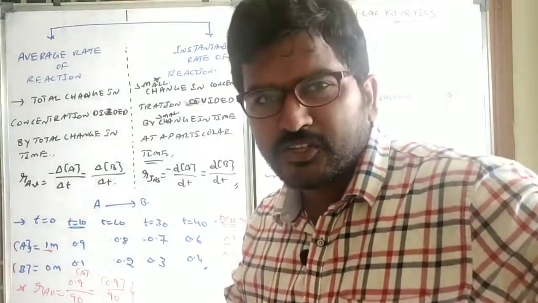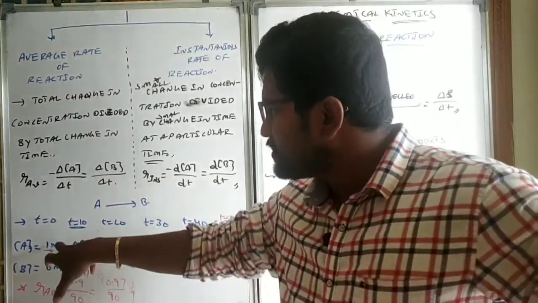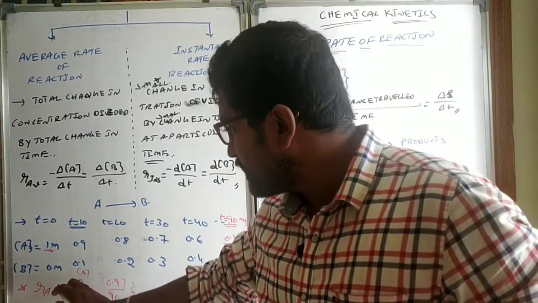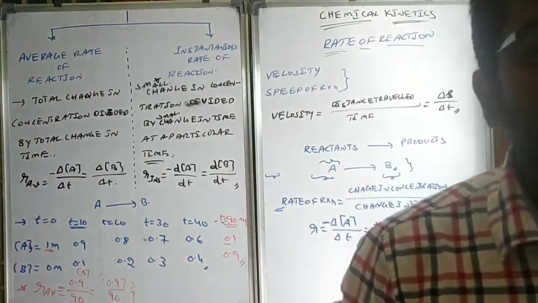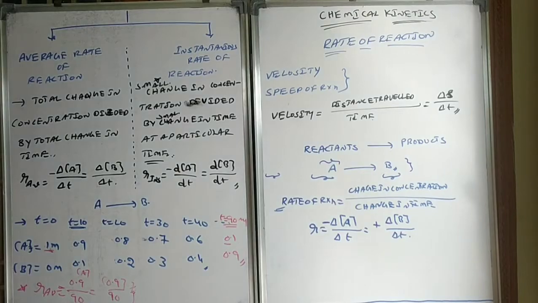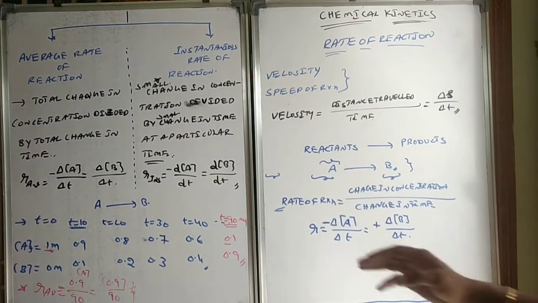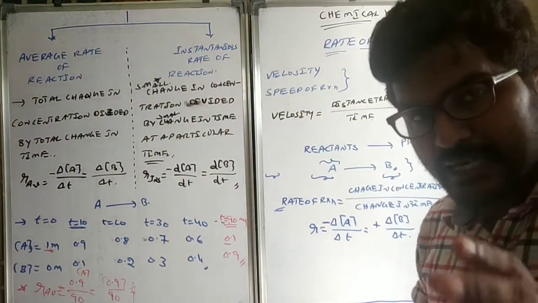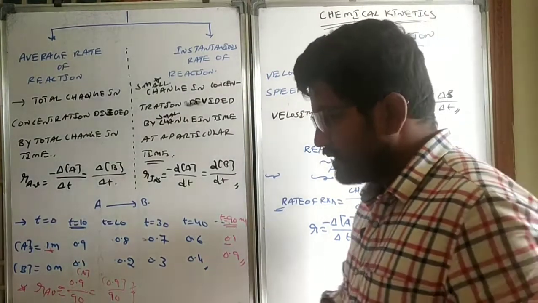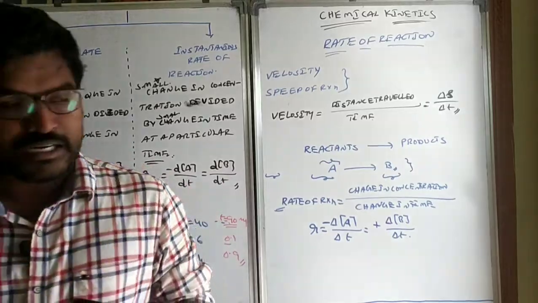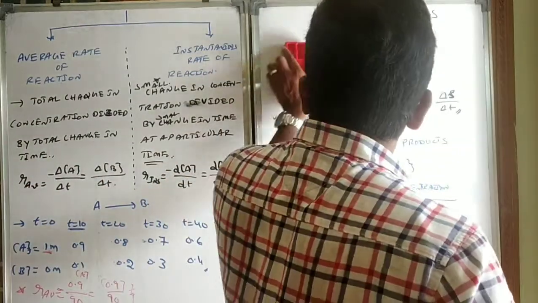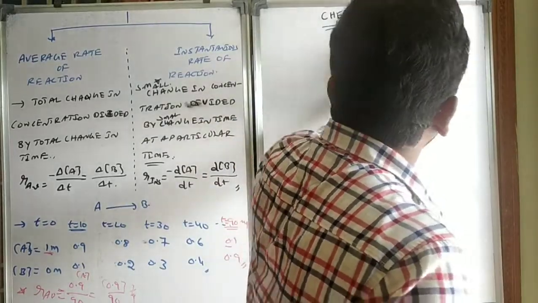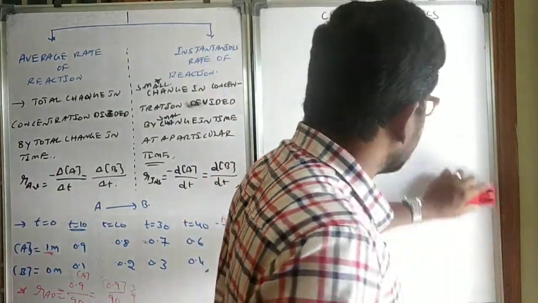You can directly calculate the average rate by total change in concentration by total change in time, but this will carry a negative sign and the other will carry a positive sign. How can we find the instantaneous rate of a reaction? This is an important one. Listen carefully.